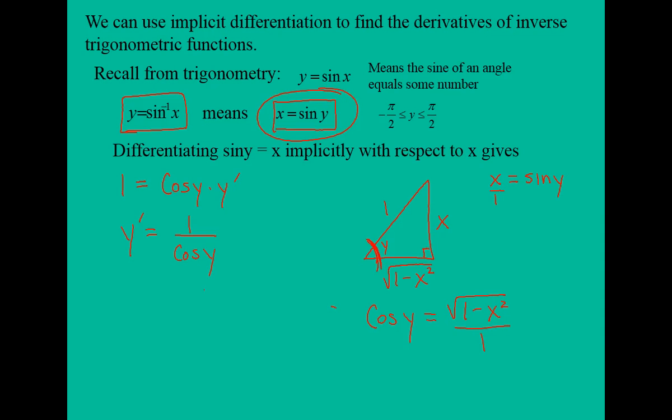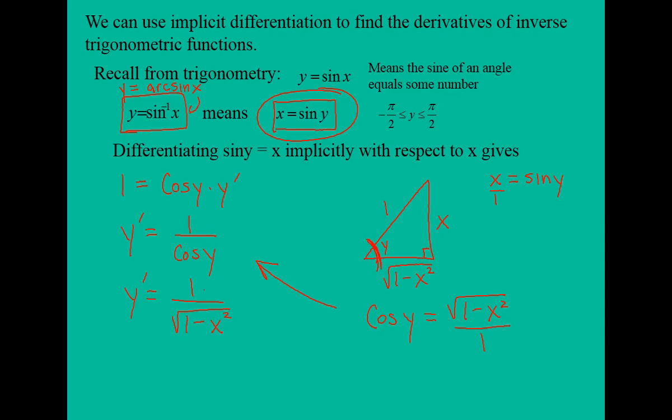So now coming back over here, we can replace cosine of y with the square root of 1 minus x squared over 1, but I don't need to write that. And there is the derivative of the sine inverse, or arc sine. Some books you may have seen in your trig class where it's written as the arc sine of x.